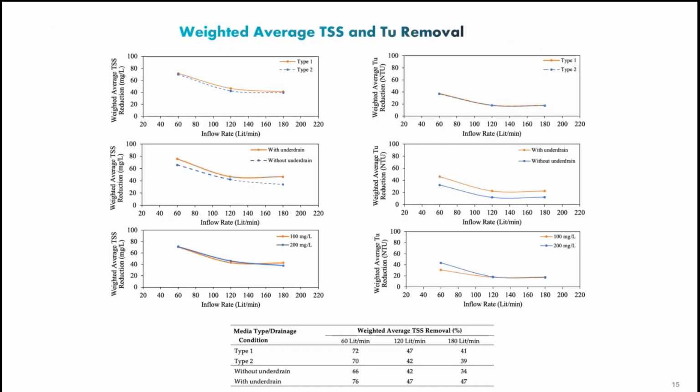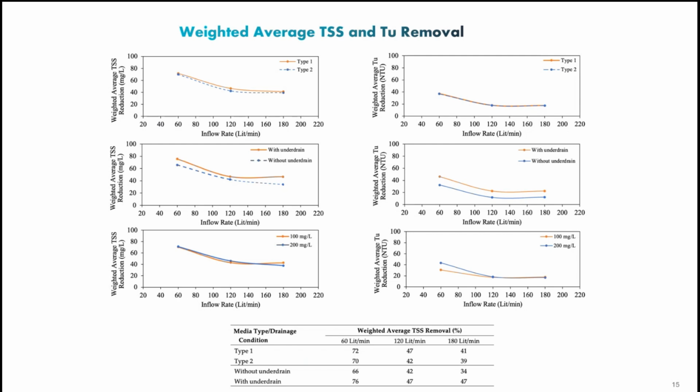So again, we put everything together and look at the weighted average of TSS removal and turbidity removal for the 6-inch bisoil with regard to several things. First of all, on the figure on the top left, you can see the weighted average TSS reduction with regard to type 1 and type 2, as well as the flow rate.